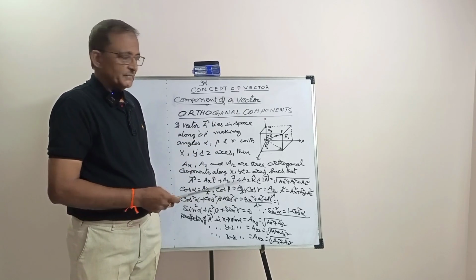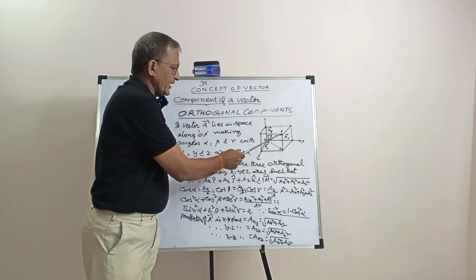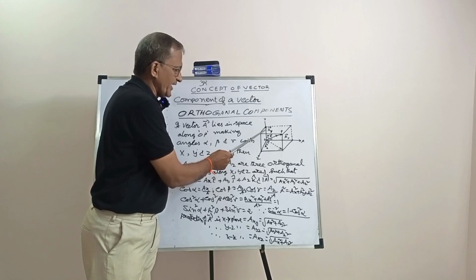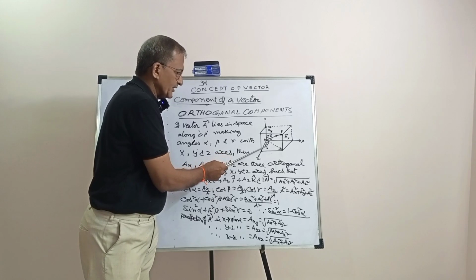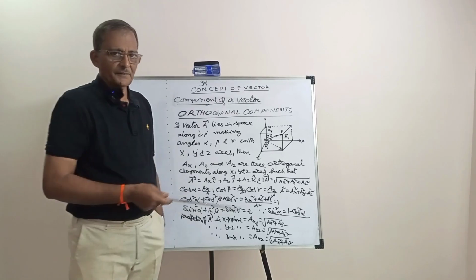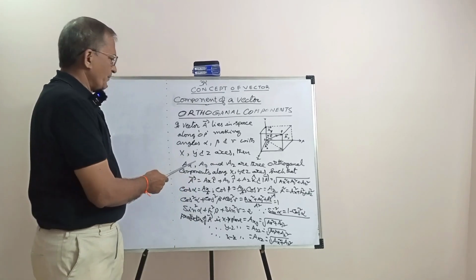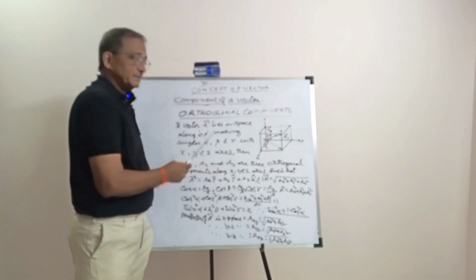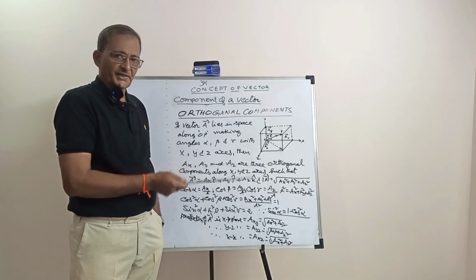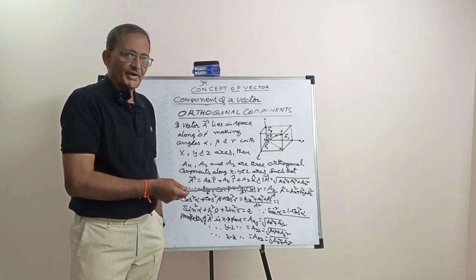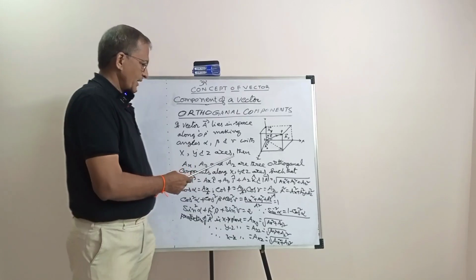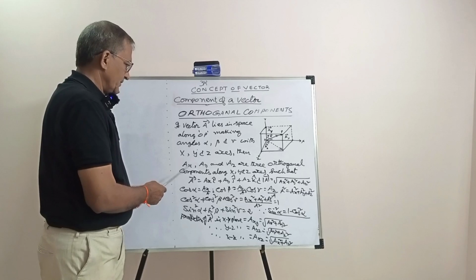For that, the angles made by the vector A bar are alpha with the x-axis, beta with the y-axis, and gamma with the z-axis. And as usual, the x component is A cos alpha, the y component is A cos beta, and the z component is A cos gamma.